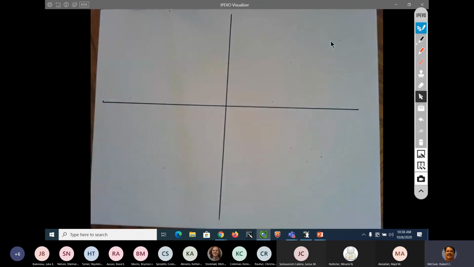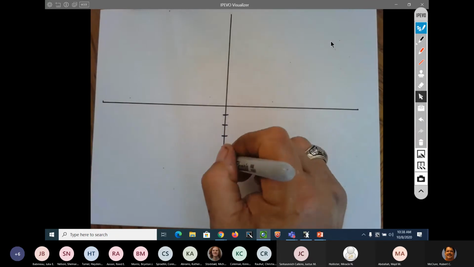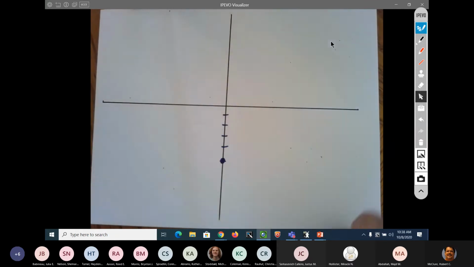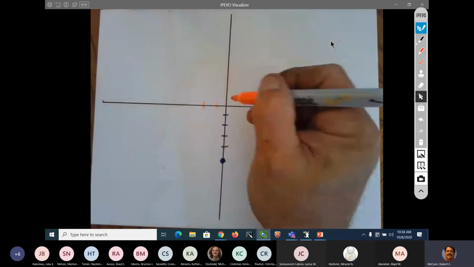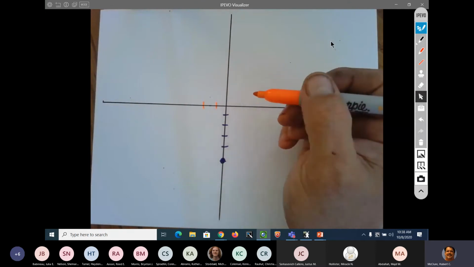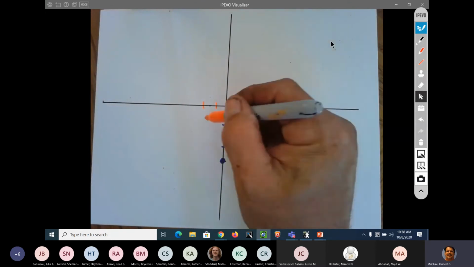And my y-intercept is (0, -5). My vertex is (-1.5, -7.25).